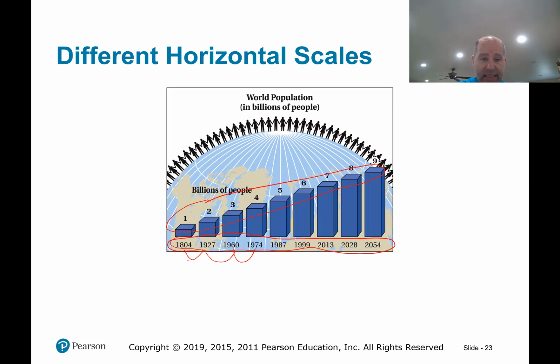So the gap between the dates is getting smaller. This gives the perception that the world population is growing linearly when in fact it's growing more like an exponential growth curve. We'll talk more about growth curves later, but the purpose here is just to show that this could lead people to believe there's linear growth for world population when there really isn't.